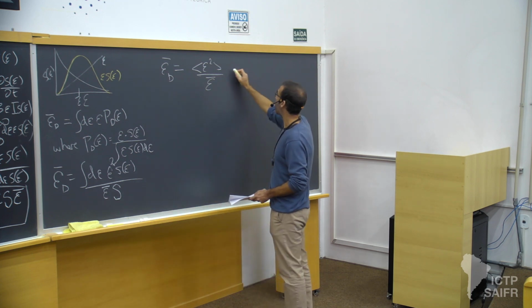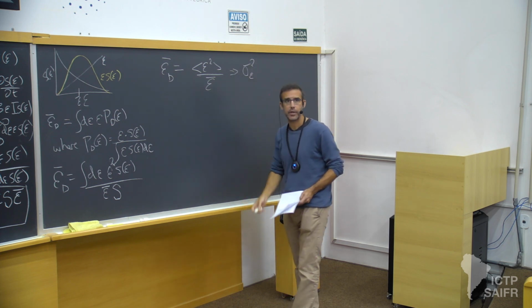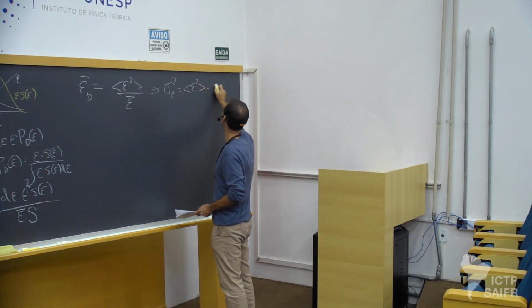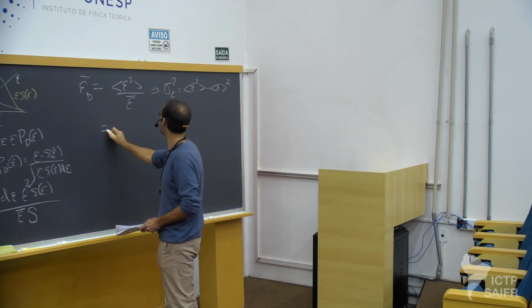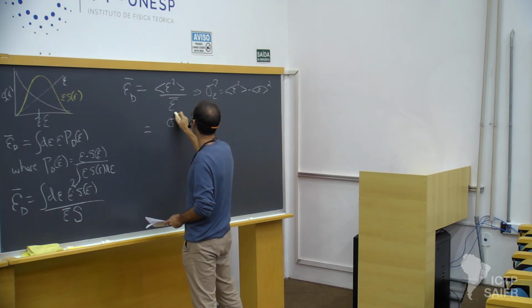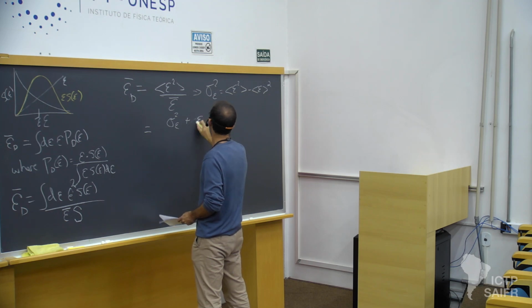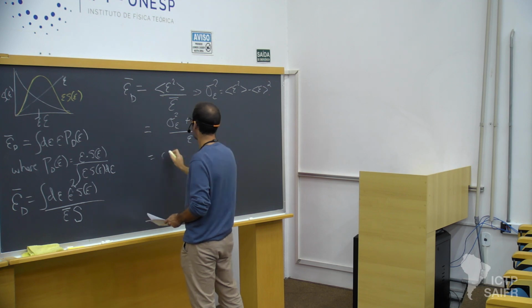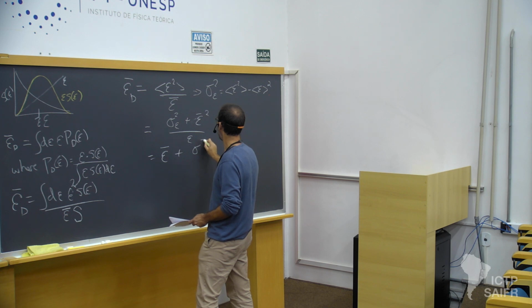Now I want you to recall, and this should be apparent, that if I have some variance, that's just the average value epsilon squared minus the average value squared. So I can rewrite this draw as just sigma squared epsilon plus average value squared all over average value, which means I can write this as the average value plus the ratio of the variance to the mean.